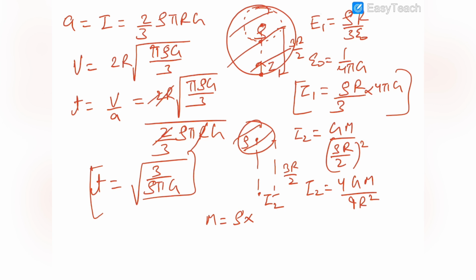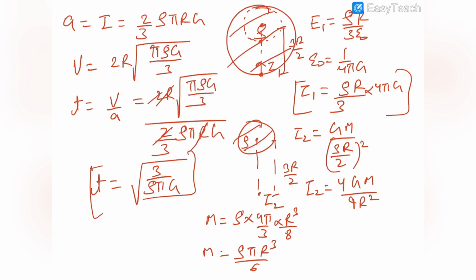The radius of this smaller sphere is r by 2, so its volume would be 4 by 3 pi r cube by 8. So m will be rho pi r cube by 6.